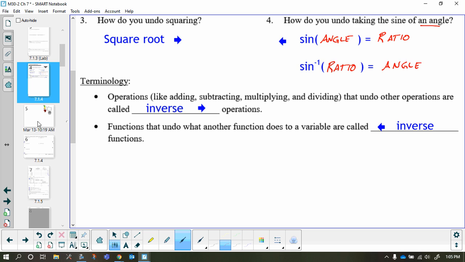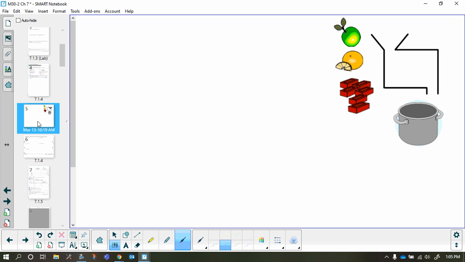So let's think about functions for a little bit in a more visual way. Here, I like to use this shape to represent a function. I'm going to put in some input at the top here, and then out at the bottom, I'm going to get output.